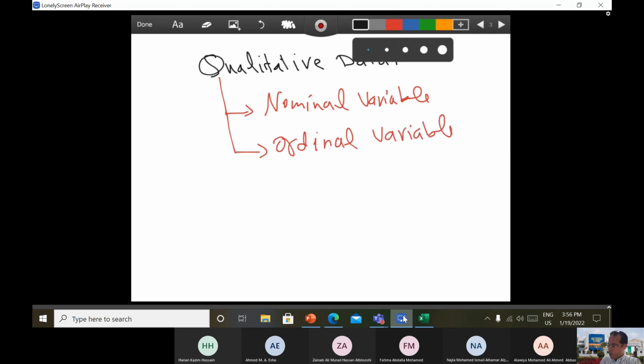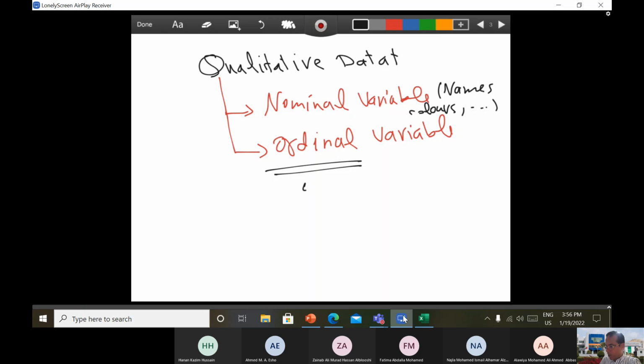Nominal variable is when you have names, colors, etc. Something you cannot order. This ordinal comes from order. If you order something, ascending or descending, from the smallest to the biggest or from the biggest to the smallest, this is the ordinal.